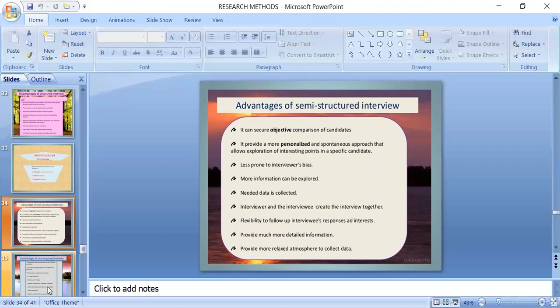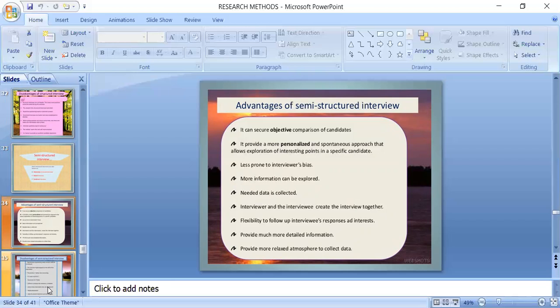We write down the important questions that we want to ask the candidate, and we develop a few conversation starters to explore specific interest points from our candidate's resume, and depending on the candidate's answers, we use follow-up questions to gain more in-depth understanding of their qualification and motivation.